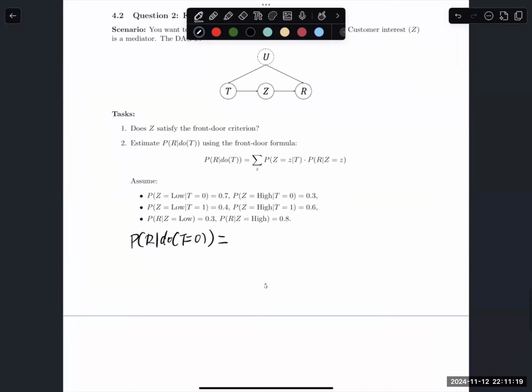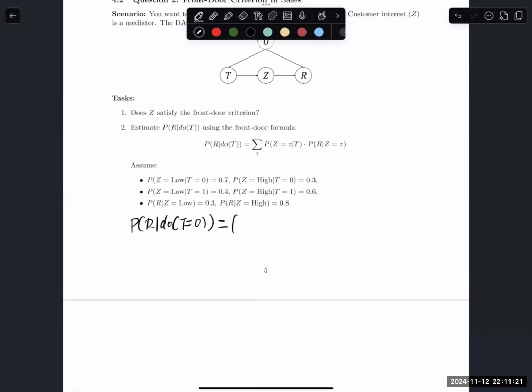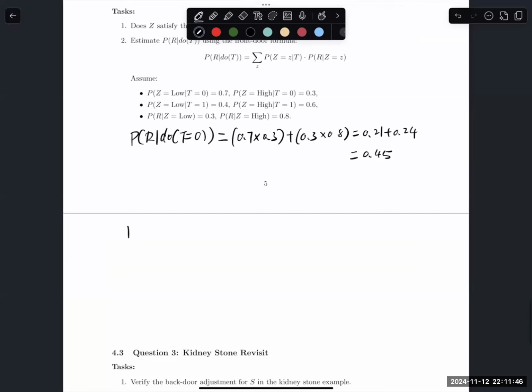Here, you can see it is the sum of 0.7 times 0.3 plus 0.3 times 0.8, which is 0.21 plus 0.24, which is 0.45 right here.